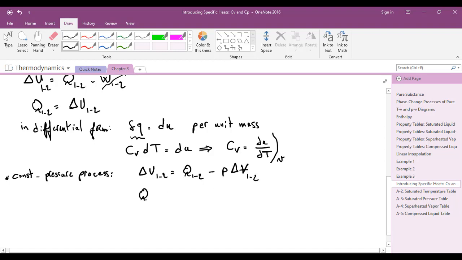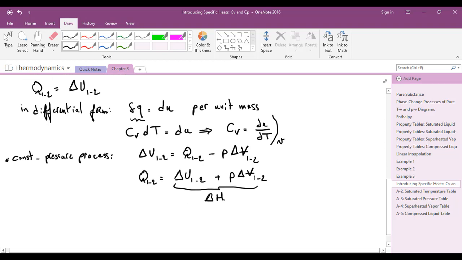So Q, the amount of heat supplied, is equal to delta U from 1 to 2 plus P delta V from 1 to 2. So delta U plus P delta V is delta enthalpy from 1 to 2.